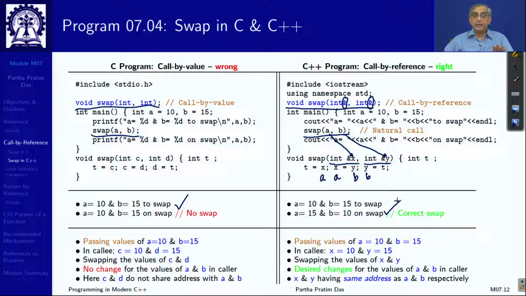So, it makes it a lot more natural, because your call is now not like ampersand A, ampersand B, you can just call them passing the parameters as they are. The only thing you need to do is to make sure that the parameters are by reference. So, you can see that call by value only allows you to input a value, give it as a copy, whereas call by reference gives you the ability to input as well as output the value.